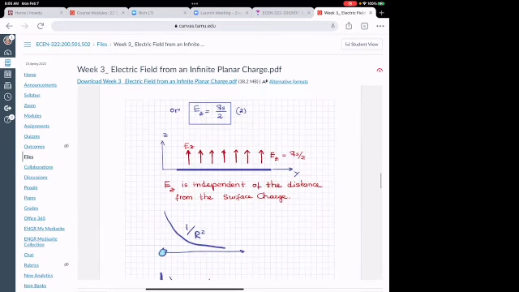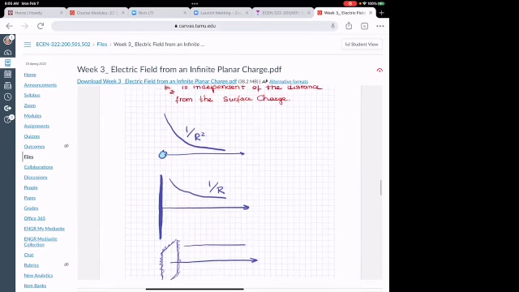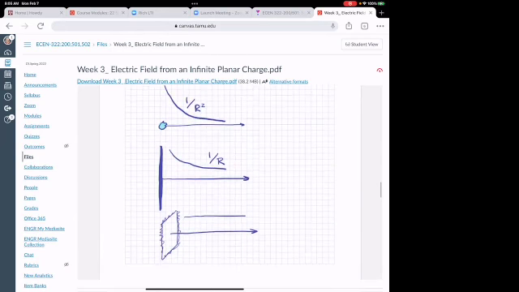So here I summarize for you before we left last time: 1 over r squared for the sphere, 1 over r for the cylinder, constant for the plane. These are the 3 important things you need to remember.